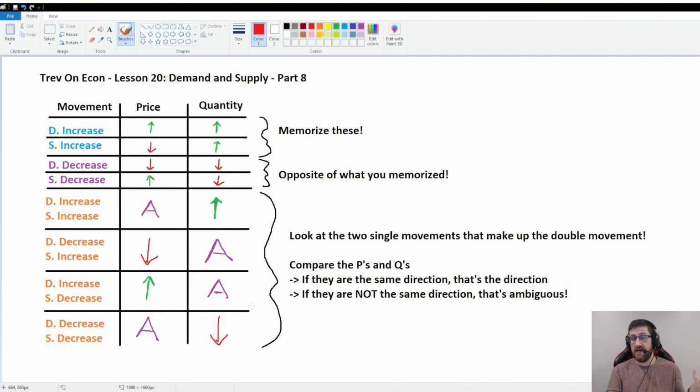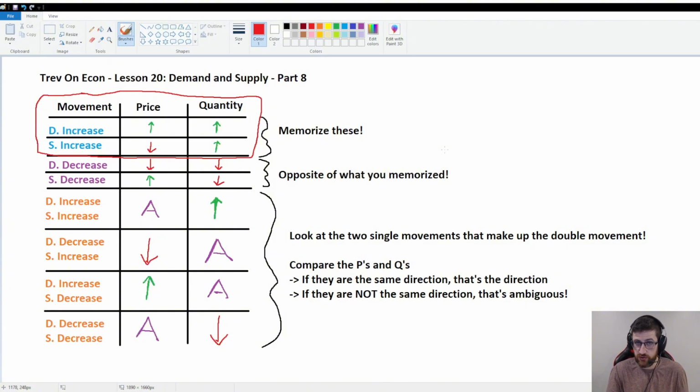And all of a sudden, I have solved the outcomes for all the graphs without drawing the graphs. I only had to know this piece up here, and I'm able to solve for all the rest of them. This is a very handy test-taking tactic where once you start your test, you can write out this little chart, solve for the pieces you're missing, and then all of a sudden, you basically have a cheat sheet on your test of the directions that all the outcomes go.